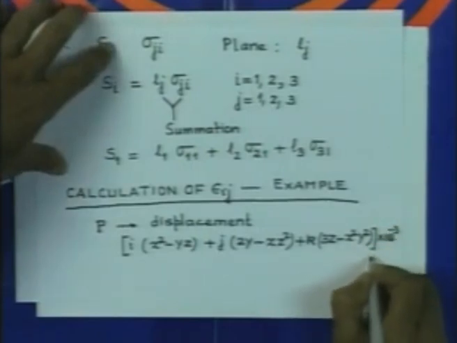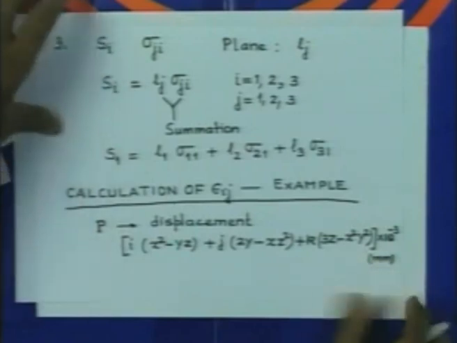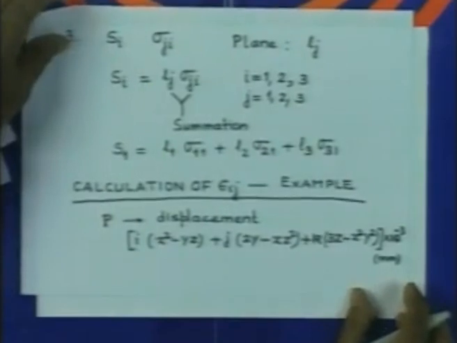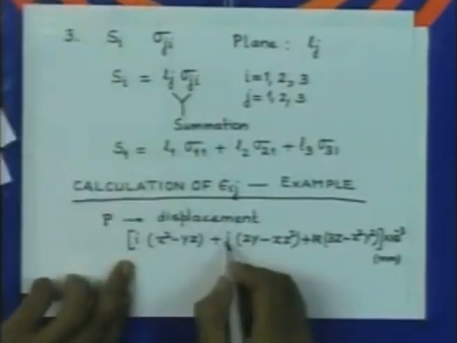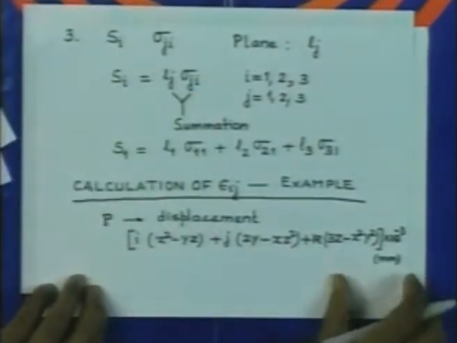So, the displacements are given in millimeter. Herein i, j and k are the unit vectors in the 3 Cartesian directions.